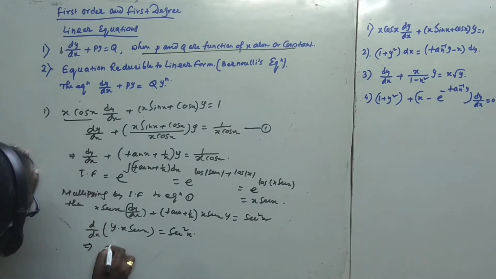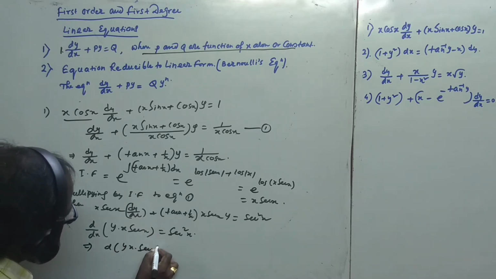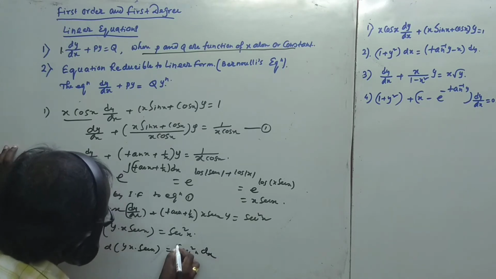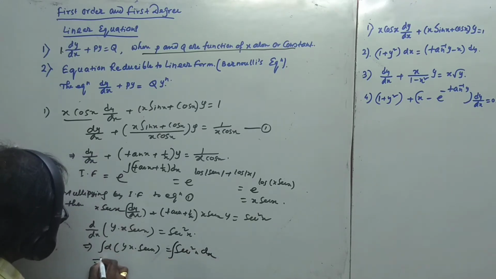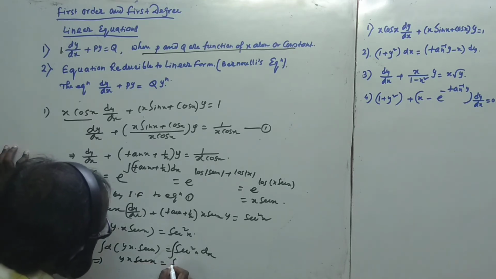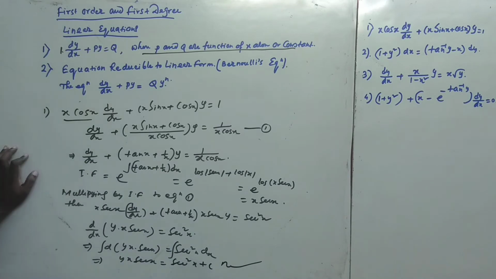Again follow the step here: y into x sec x equals sec square x dx. Integrating both sides, we get the answer y x sec x equals sec square x plus c. Okay, good problem.